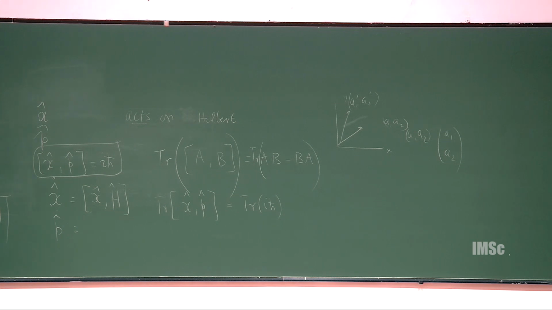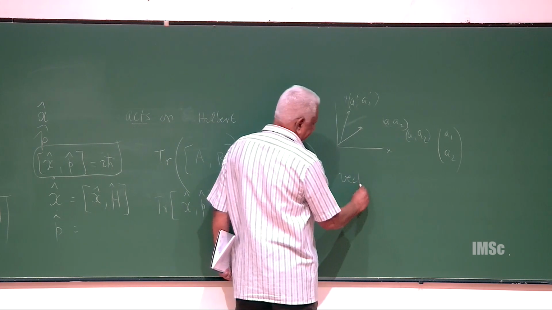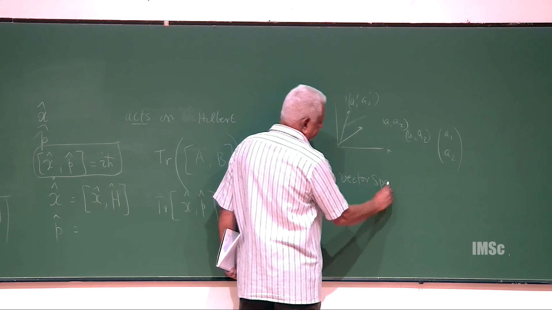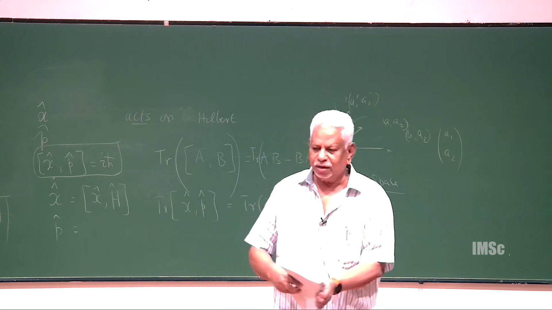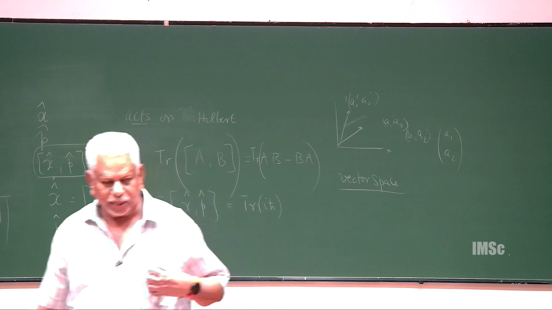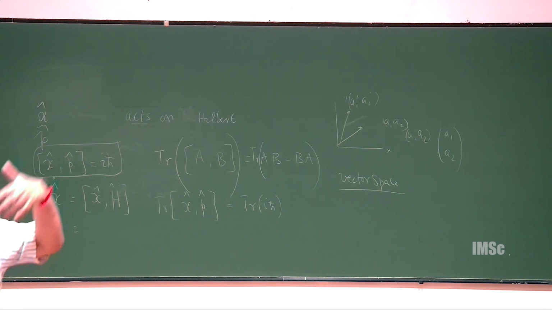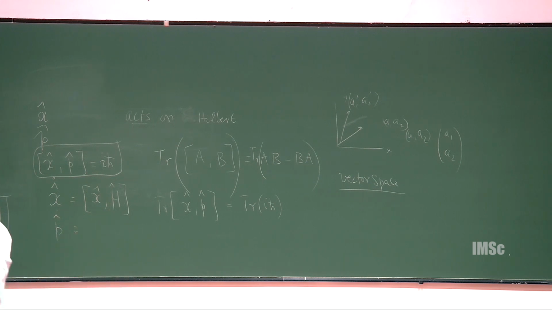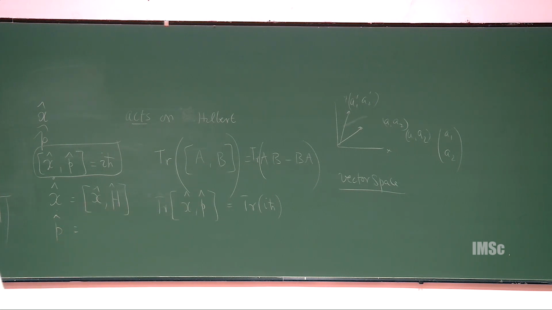So what is that vector space? What you want to have is a special vector space of functions. If you have psi as a function of x, let us say in 1 dimension, the particle is in 1 dimension.